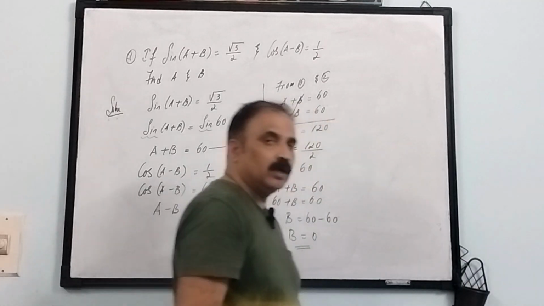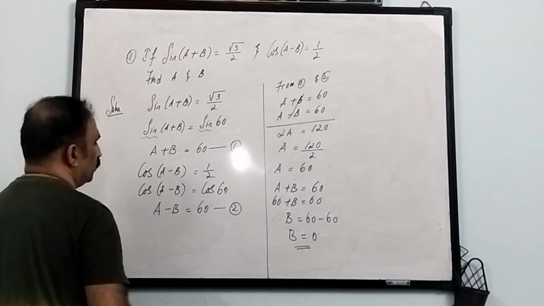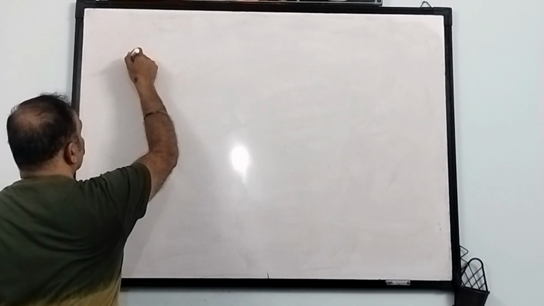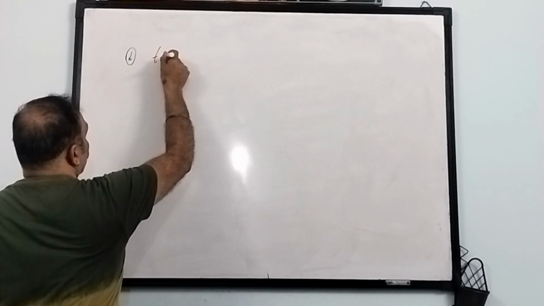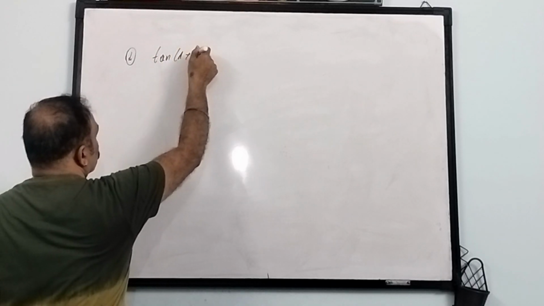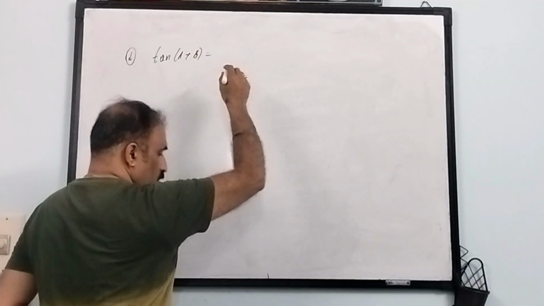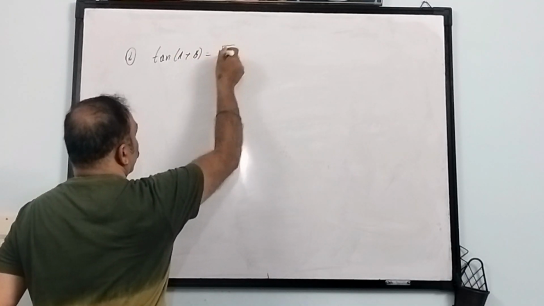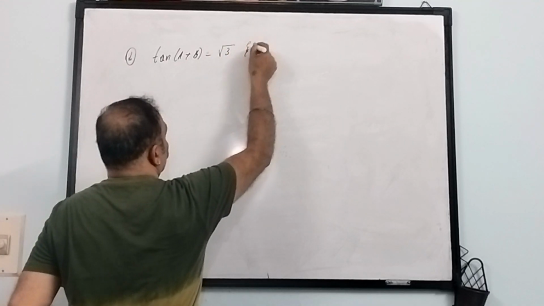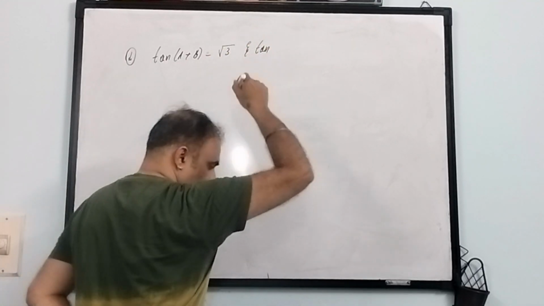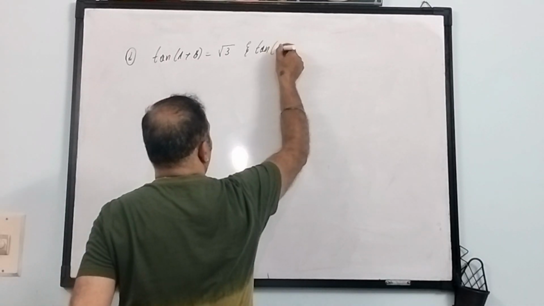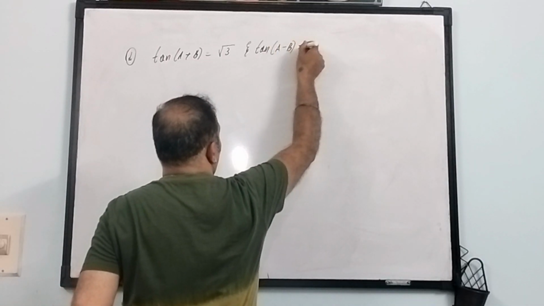Okay, look into the next problem. Second problem. Tan of A plus B is equal to root 3 and tan of A minus B is equal to 0.